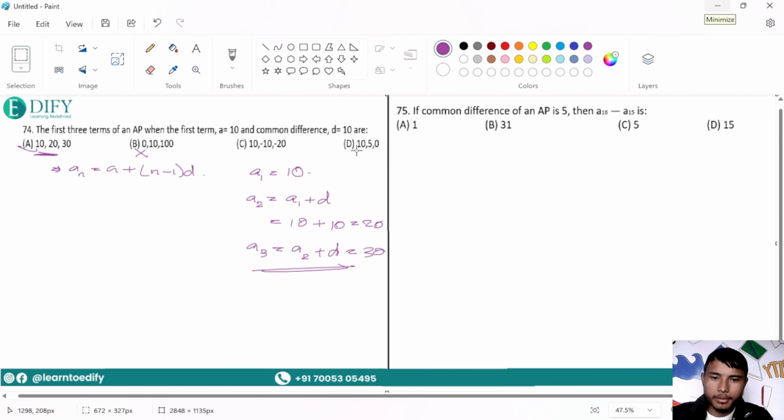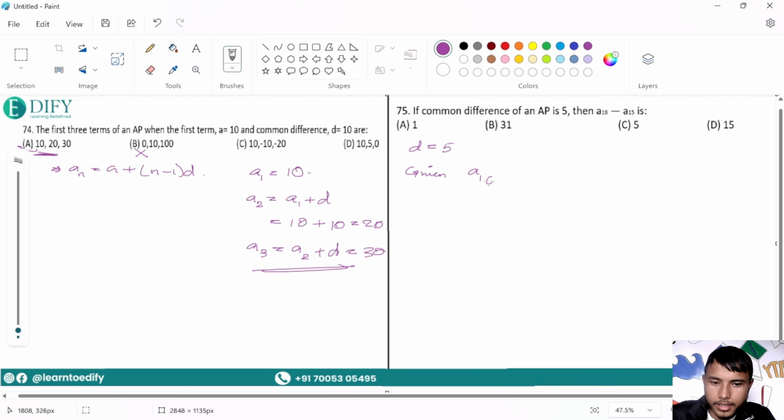Okay. Question number 75. If the common difference of an AP is D, then, given the common difference D is equal to 5, what is the A 16th minus A 15th term? For the first one, A 16, we use the formula: A of n is equal to A plus n minus 1 D. For n equal to 16, A 16 is A plus 16 minus 1 D, which is nothing but A plus 15D.